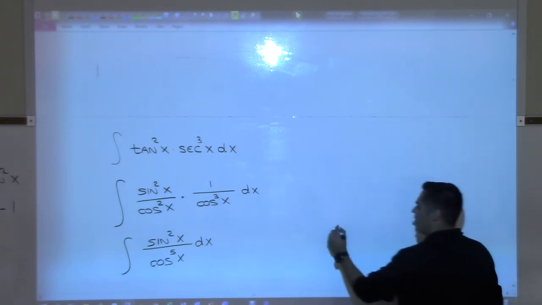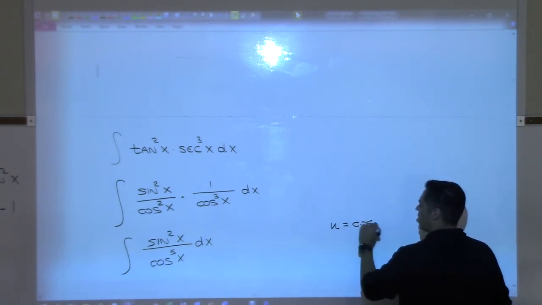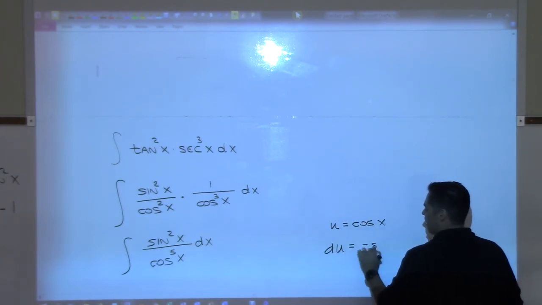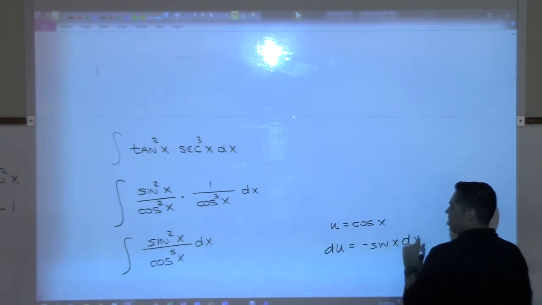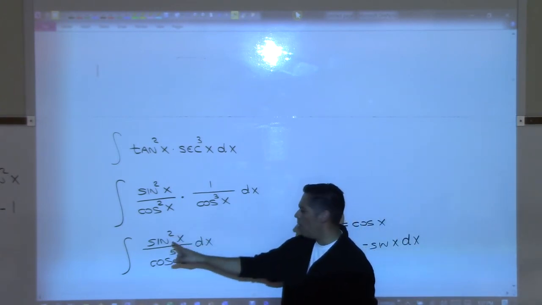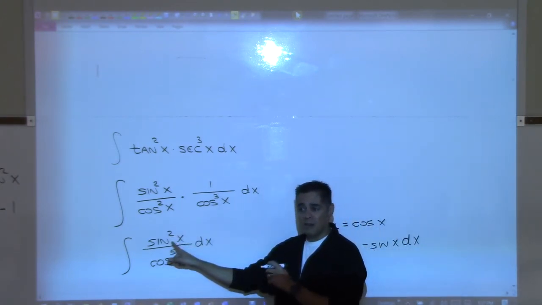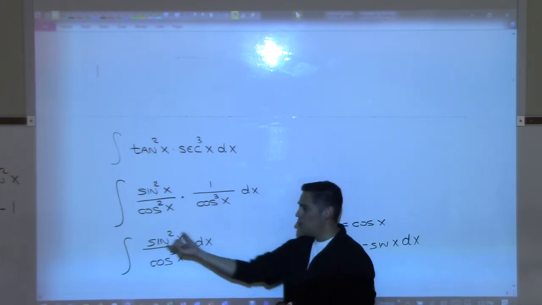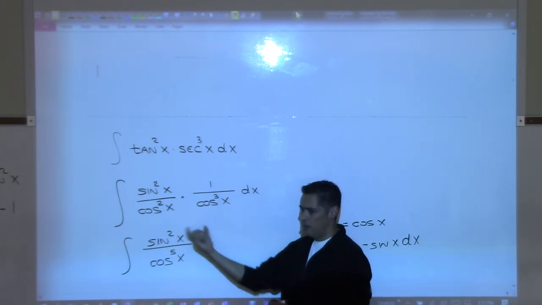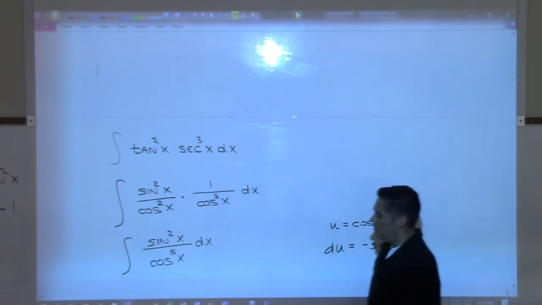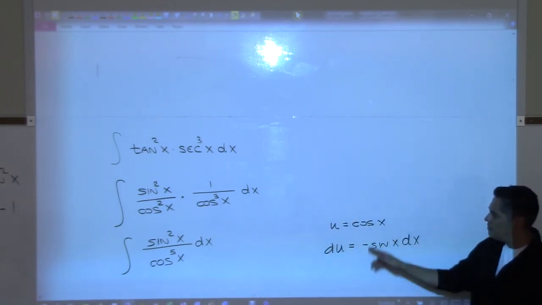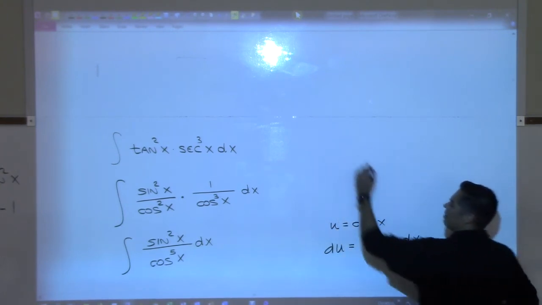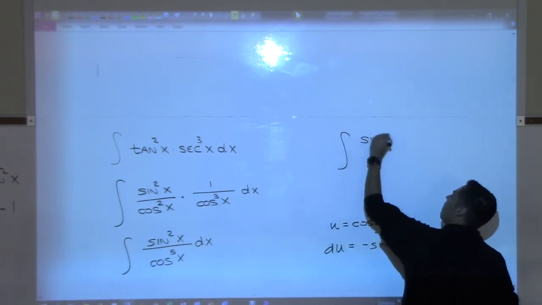It would be nice to let u be cosine x and du be negative sine x dx, because I see something in its derivative. The problem is the sine is being squared, so it's trapped. Could I peel one of the sines off? Yeah, but then I'm going to have to do something with the sine that's still there. Here, let me write it down so you can see it.